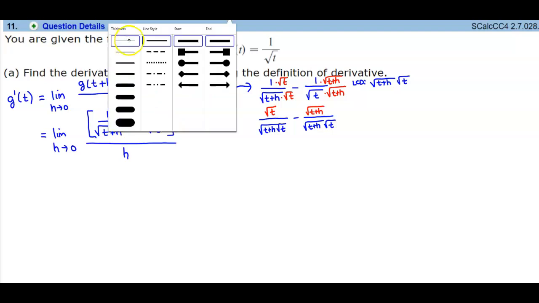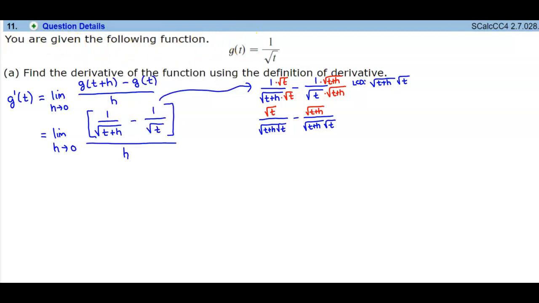And so now let's simplify that just a little further. And so we get the square root of t minus the square root of t plus h divided by the square root of t plus h times the square root of t.